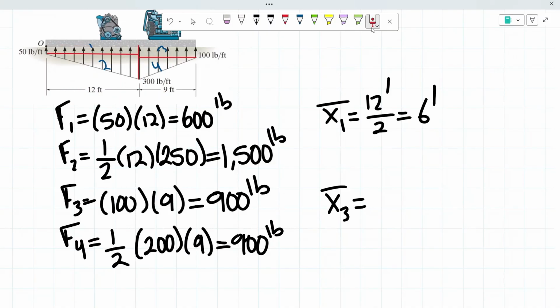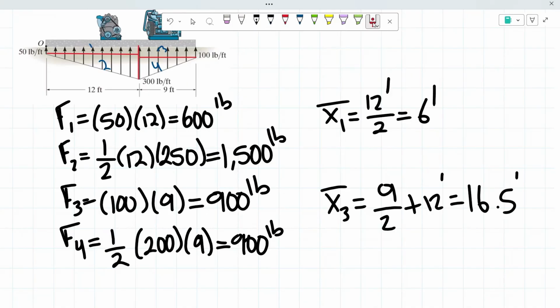So let me write that: 9 divided by 2 plus the 12 feet should give you 16.5 feet.